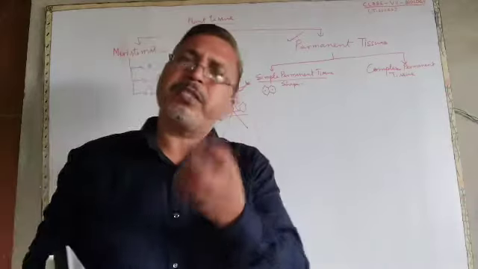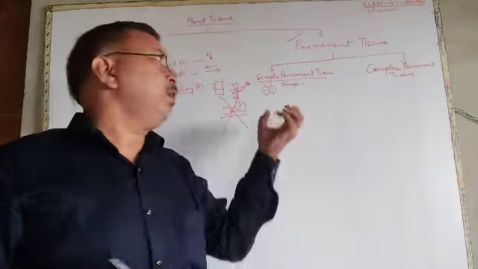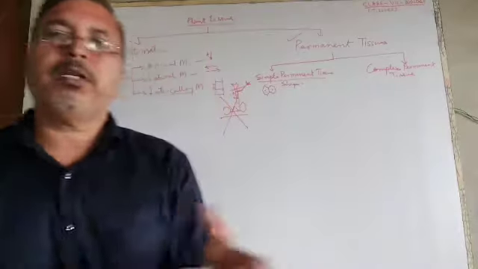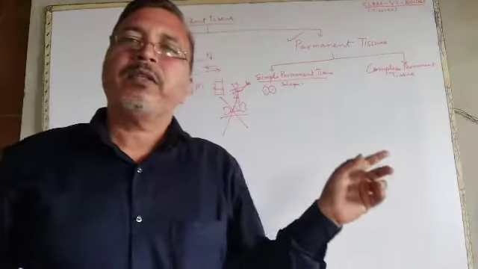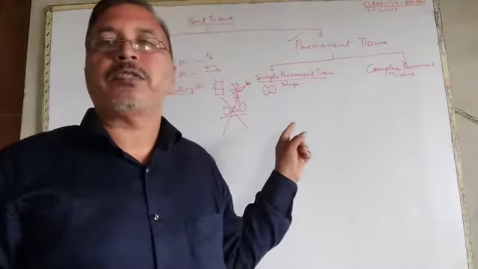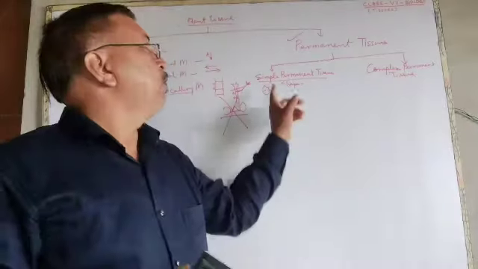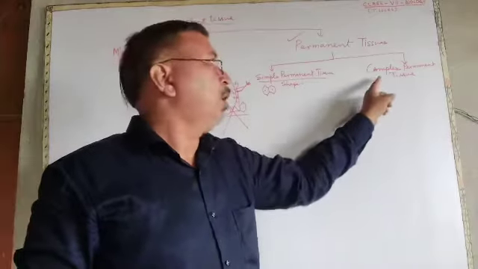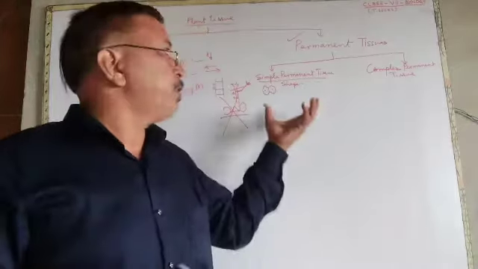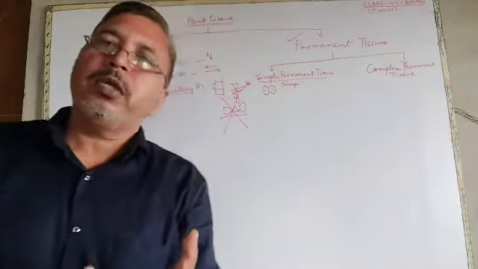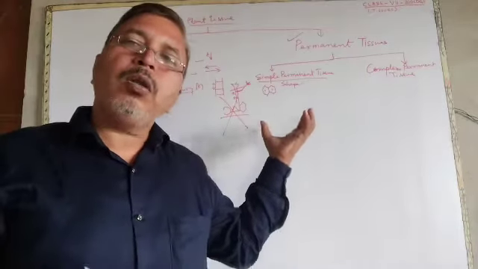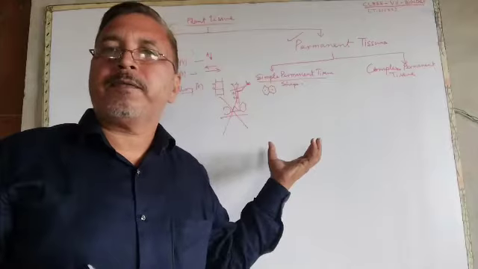This is the basic or core difference between the simple permanent tissue and the complex. You must remember the difference. Sometimes this is asked in the examination, so be careful. What is the basic difference between simple permanent tissue and complex permanent tissue? Simple permanent tissues are made up of all living cells.